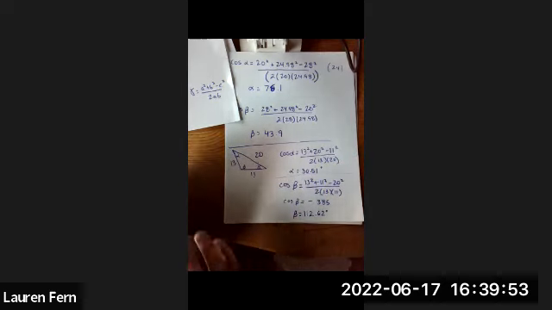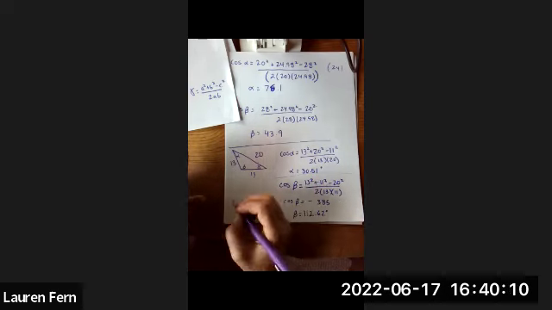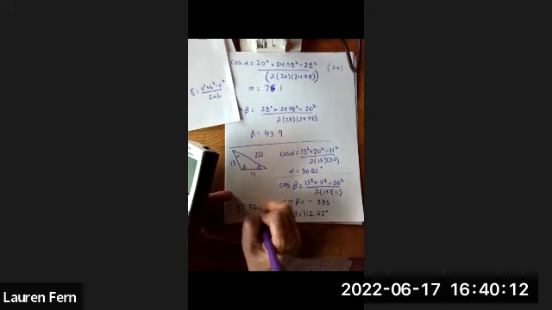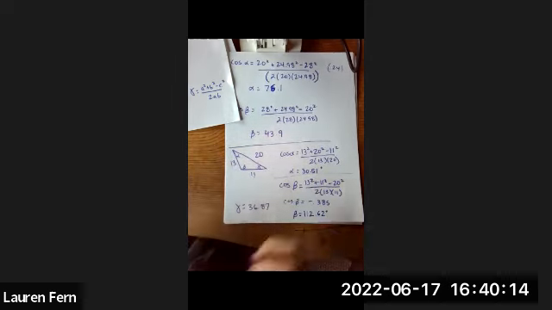I could do another law of cosines, but if I have 2 angles, I'm going to go with it. I'm going to take 112.62 plus 30.51, add those together, and subtract from 180, which is going to give me my third angle.